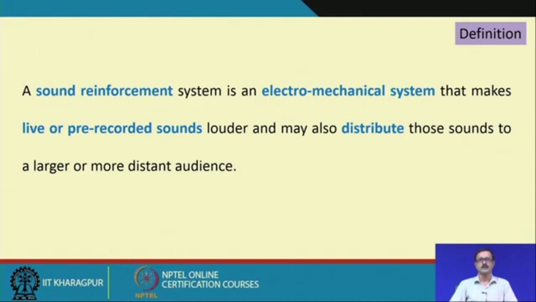In fact, today this NPTEL course, everything, is actually the game of electroacoustics. I have a collar microphone with me, which captures my sound and sends it as an electrical pulse.